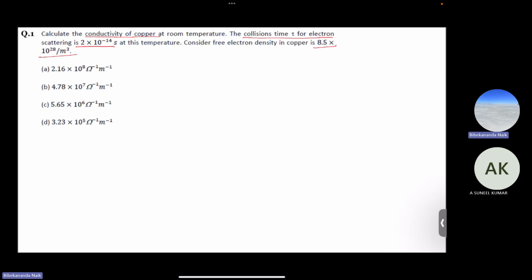So simply we can calculate using the formula for conductivity. You know the electric field and the current density are related by the formula J = σE. This is another form of Ohm's law, where σ is the conductivity.